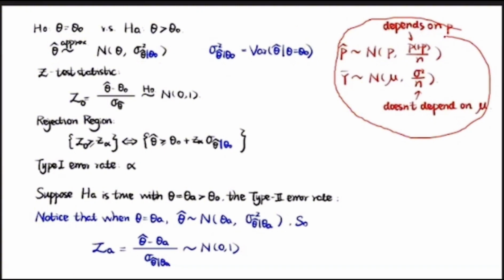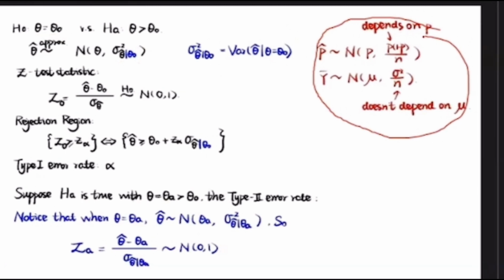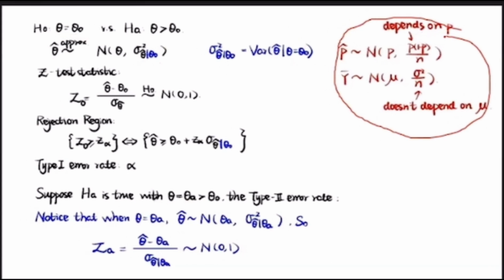If I want to test a hypothesis on proportion and test a hypothesis on mean, one depends on the parameter, the other one does not. Which one depends on the parameter? It is this one here, the one on proportion.